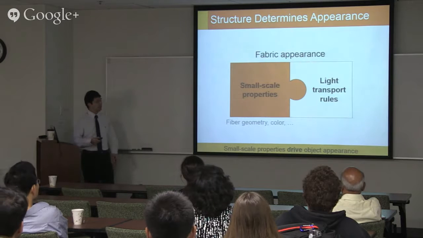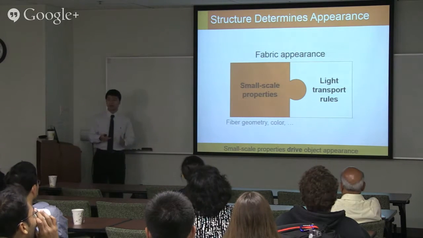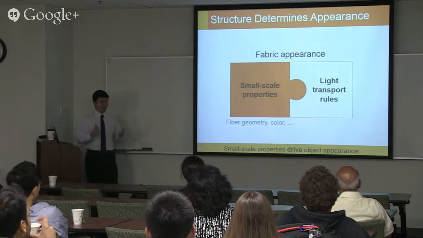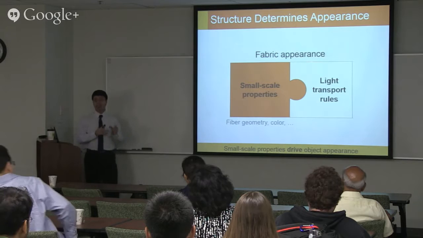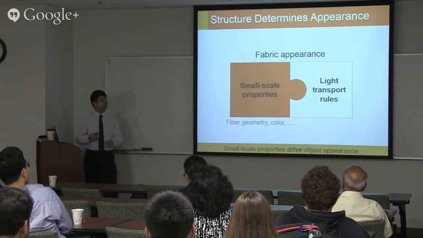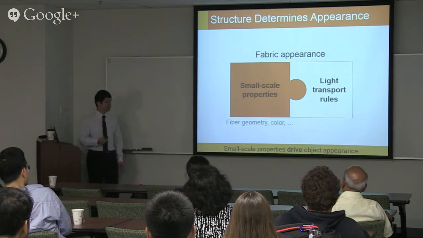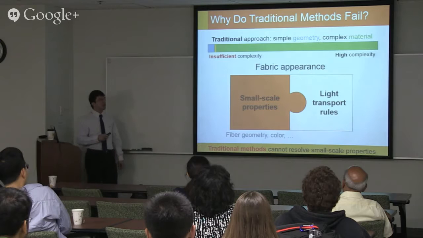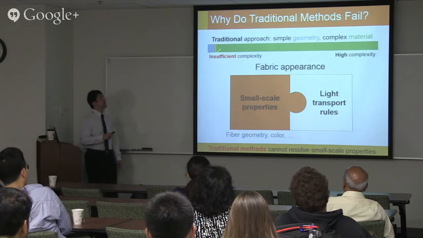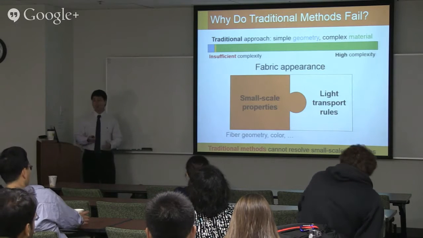So to summarize, fabric appearance is driven by its small scale properties, such as the geometry and color of the fibers. How these properties determine the final appearance is governed by standard light transport rules. Traditional methods do not put enough complexity in geometry, so they cannot resolve all these small scale properties.